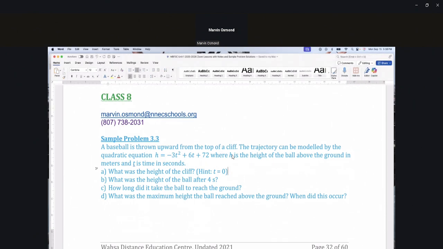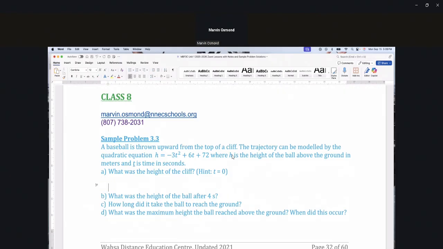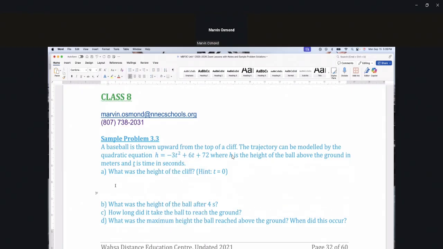When you work on a problem like this, what I always do, and I always suggest, is the very first thing you need to do is write the equation. So I'm going to make sure that I put the equation in there first.